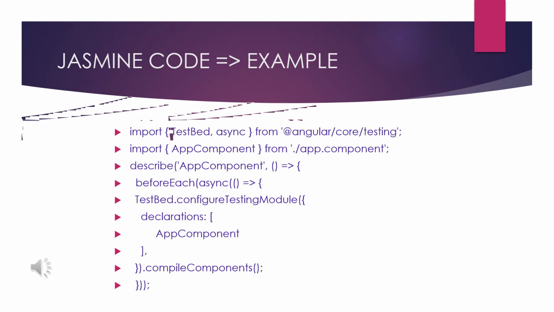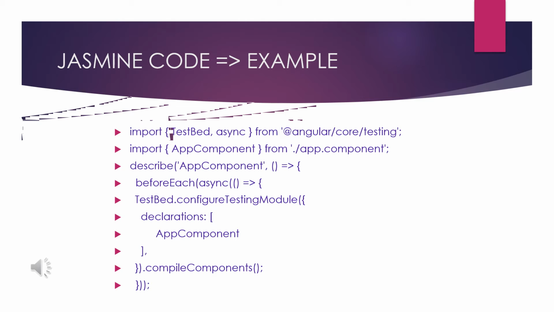I have given a simple example. From the first line I have given an import. The first ones are TestBed and async. These are mainly used for testing, and I'm importing an app component. For testing this app component I need this, and describe refers to what I'm describing, what I'm going to test.